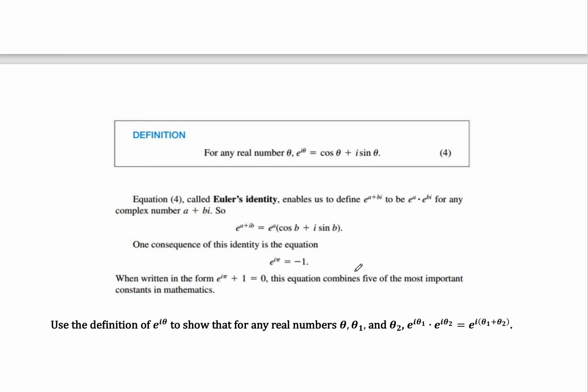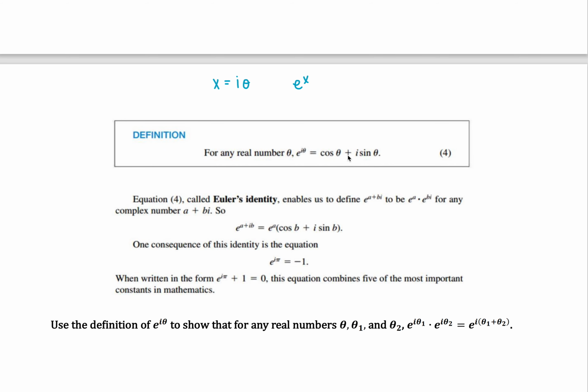Then the very last page of notes here, I've got this definition, and it says, for any real number theta, e to the I theta equals cosine theta plus I sine theta. In case you're wondering, where did this come from? If you substitute x equals I theta into the Taylor series for e to the x, you're going to get this.